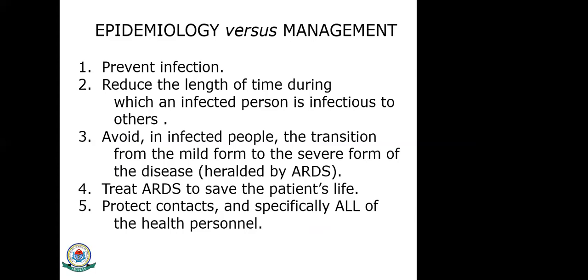It is not yet clear how to do that. Another is to avoid, in infected people, the transition from mild form to severe form, heralded by ARDS, acute respiratory distress syndrome. As you know, there are hopes and current trials as to whether anti-inflammatory drugs may be beneficial in that respect. This would be very, very important.